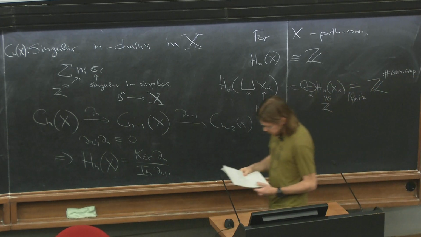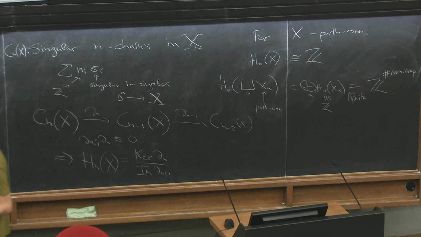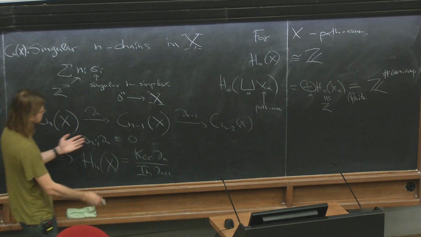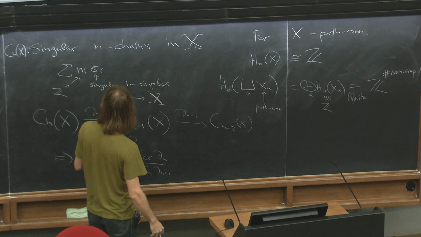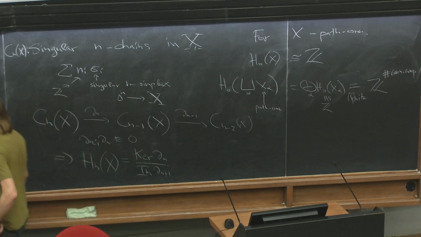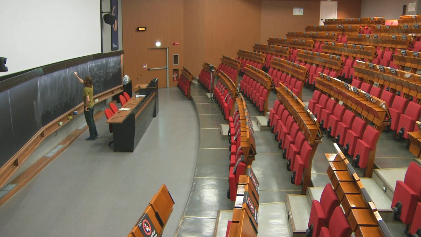Let me give a few comments about how informally you can think about these singular n chains, geometrically. Let's consider first C0.